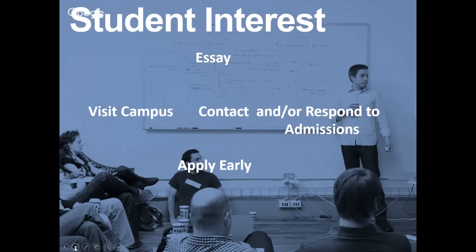Applying early shows that you're more interested than the average applicant. And student interest can play an important factor in both admissions and for scholarships because we want to give our seats and our scholarship money to students who are most interested in our university and most likely to enroll and come to our university if they're admitted.